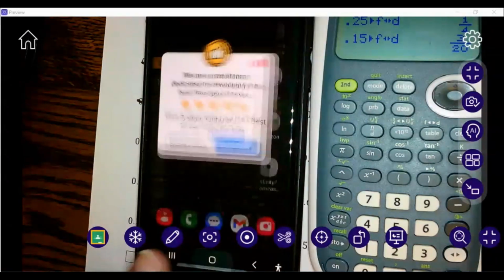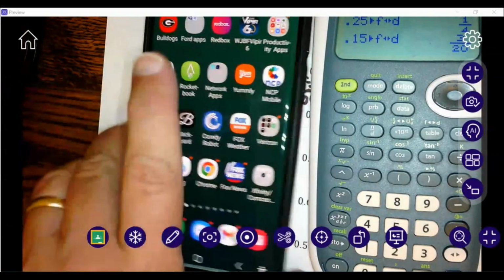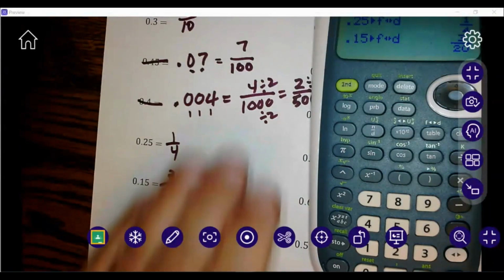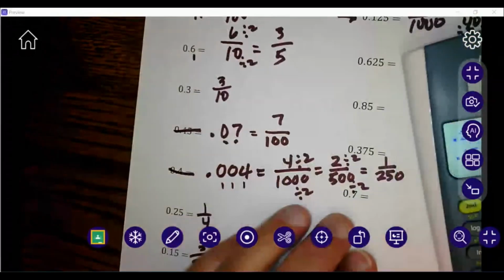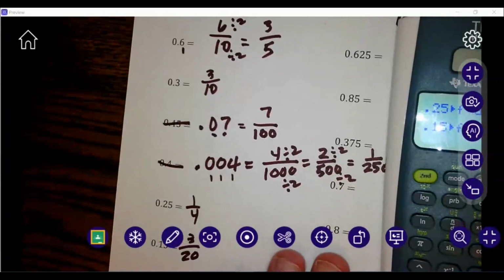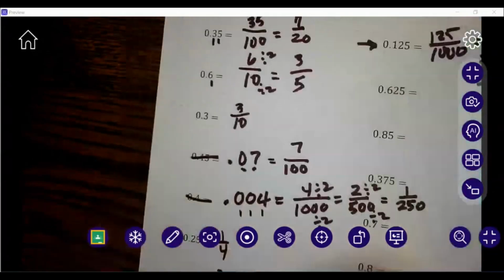So if you have an Android, the app is Calc 30. If you have an Apple, sorry, there is no app for the Apple. If you have an Android, I would load that app and get the calculator. All right. I'm now going to let you do some on your own.